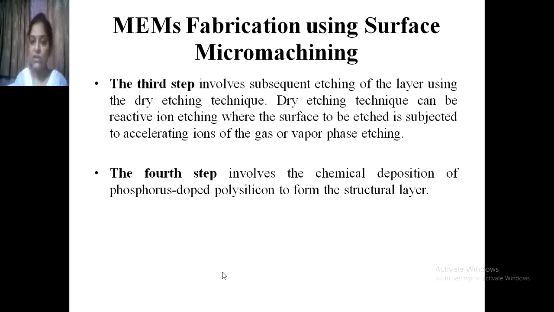Dry etching techniques can be reactive ion etching, as we have seen in the last chapter, where the surface to be etched is subjected to accelerating ions of the gas or vapor phase etching.